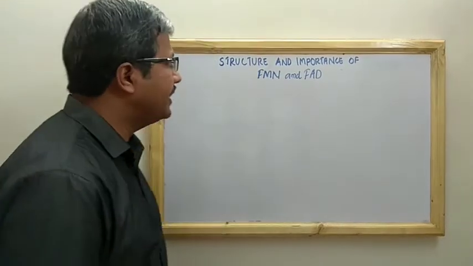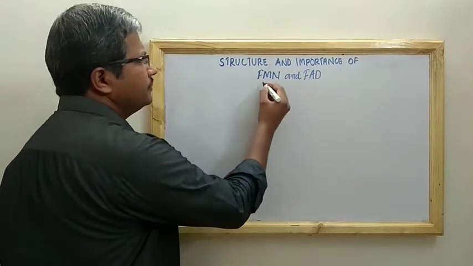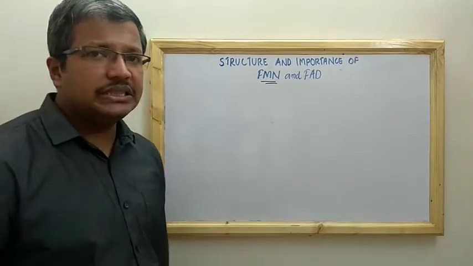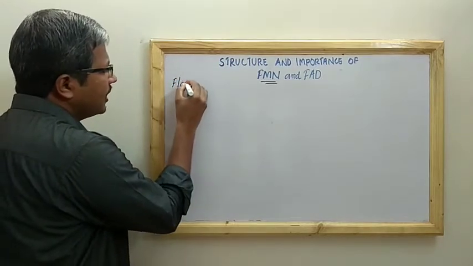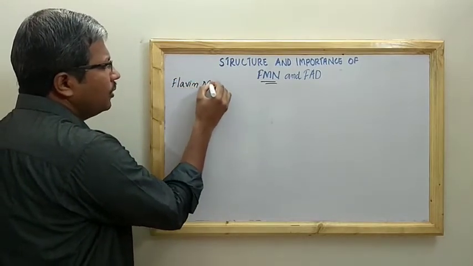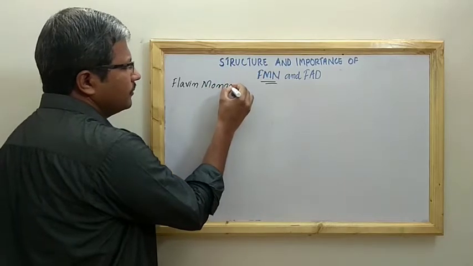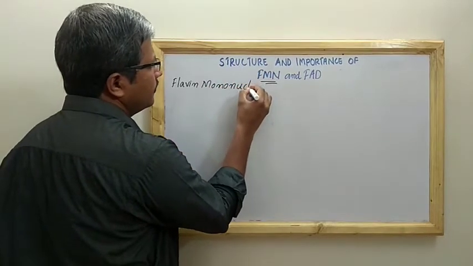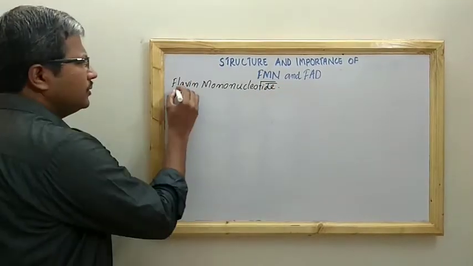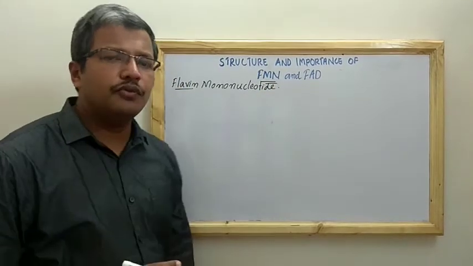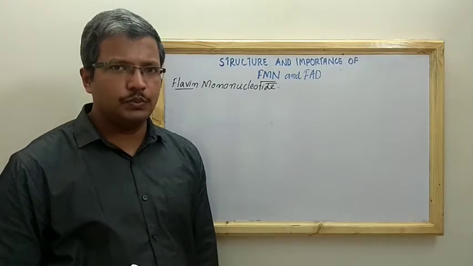So first of all, the FMN. What is there in FMN? You can see that the full form of FMN is nothing but flavin mononucleotide. And we know the flavin, riboflavin, so vitamin B2.